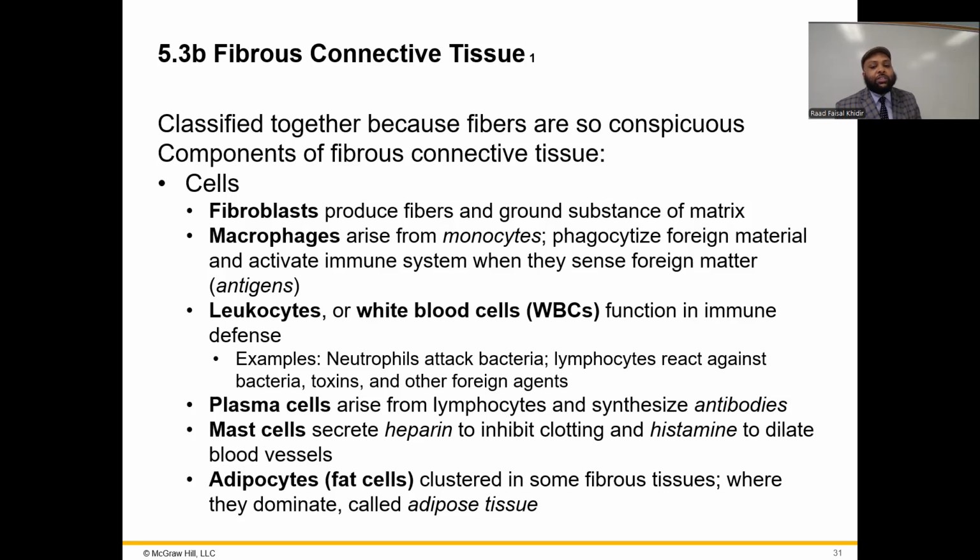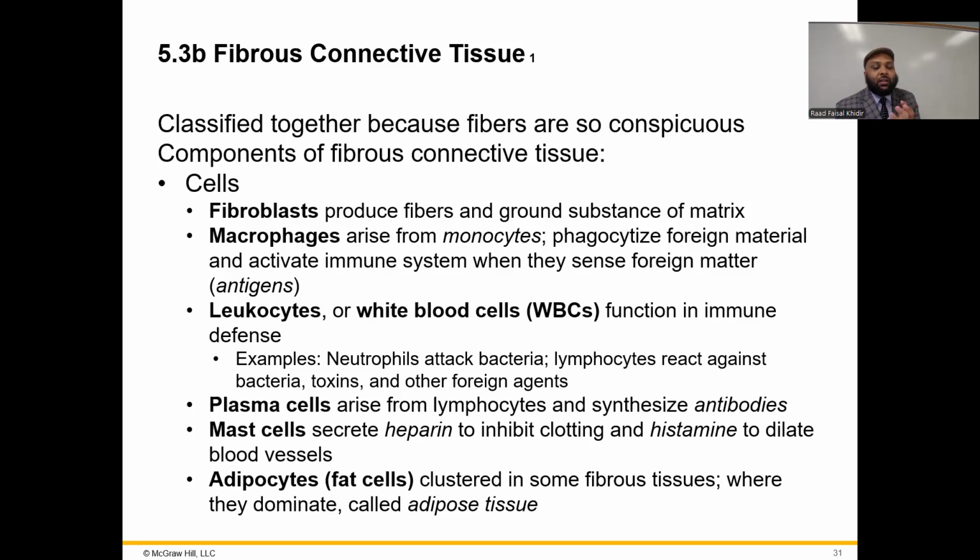The macrophages arise from monocytes that phagocytize foreign material and activate the immune system when they sense foreign matter or antigens. There are leukocytes, or white blood cells. These leukocytes function in immune defense. So examples would be the neutrophils attacking bacteria.